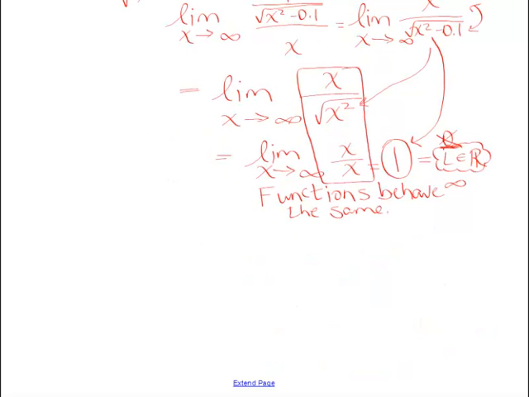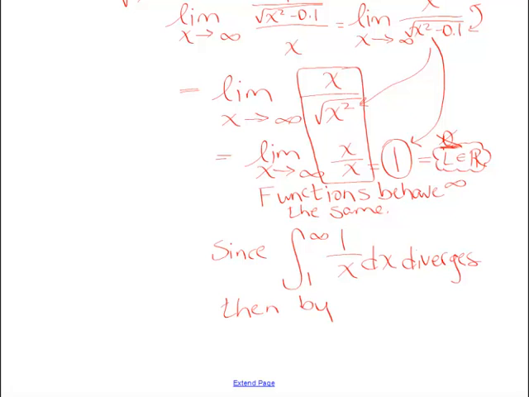And I would need to say, since this area diverges, then by, we could call it limit comparison. We could just say comparison, but we use the limit, and there is direct comparison.